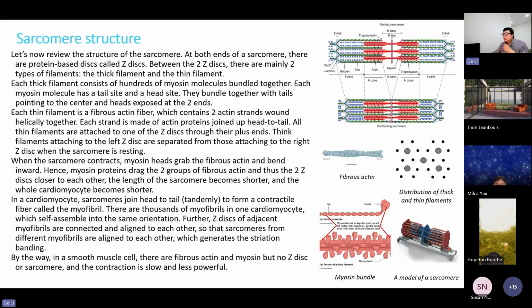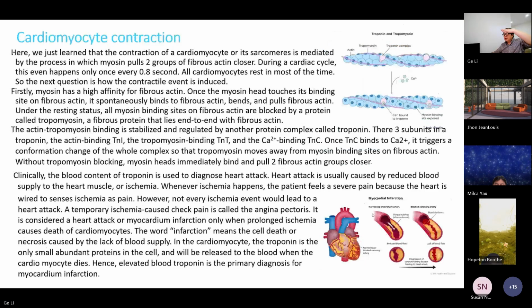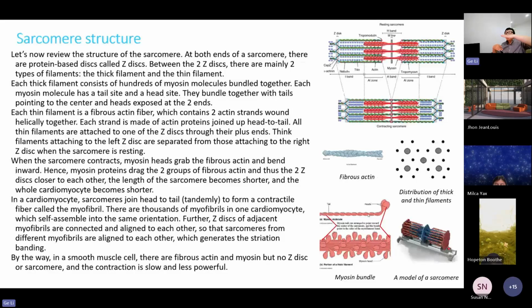Myosin. So what's the difference between the actin and the myosin? In this case, the actin is the passive partner. The actin by itself does not really provide the power that drives the muscle contraction.